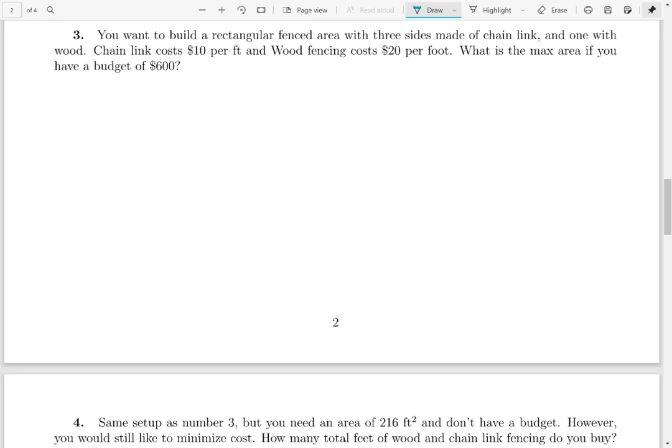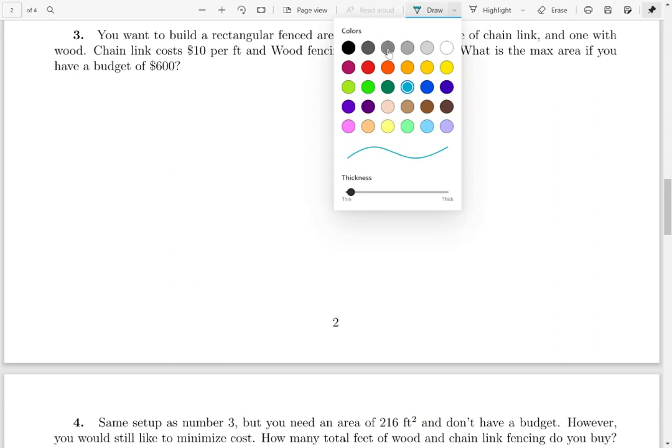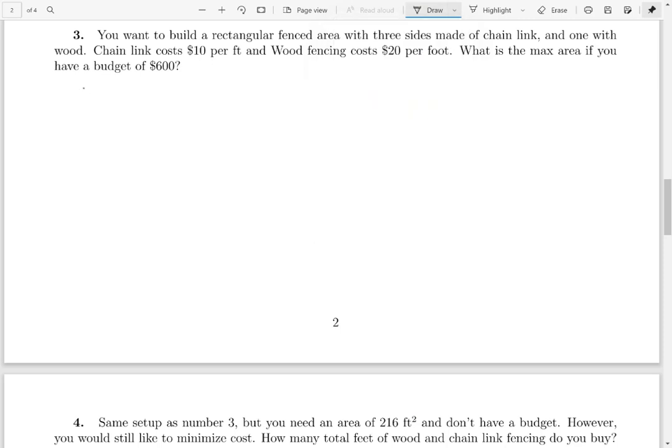I'm going to start and sketch a picture, and I'm going to use 2 colors. I hope these differentiate okay, but chain link fence is usually a silver or gray color, so I'm going to stick with 3 sides made of chain link fence in this gray.